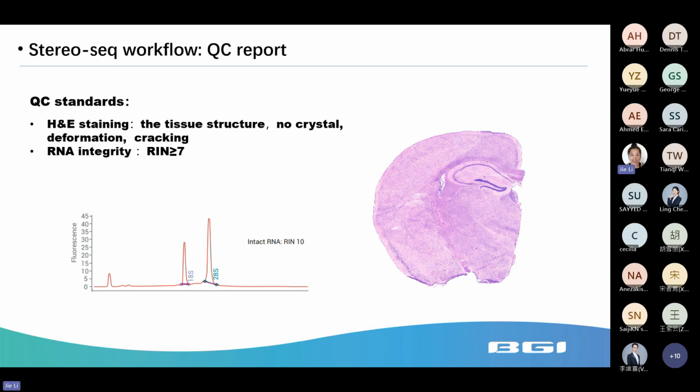For the sample QC, first we will do RNA QC, which requires the RIN value to be greater than 7, and we will do HE staining to ensure the tissue structure has no crystals, no deformation, and no cracking.